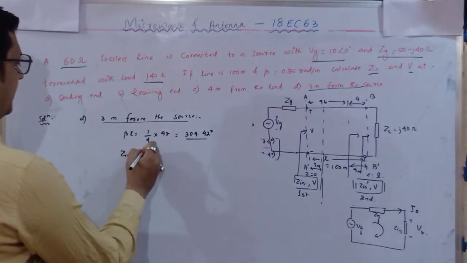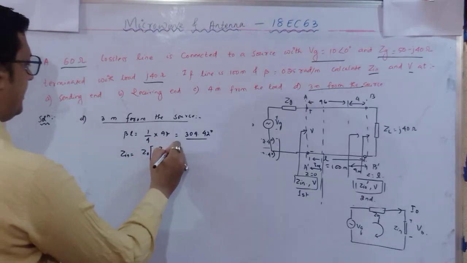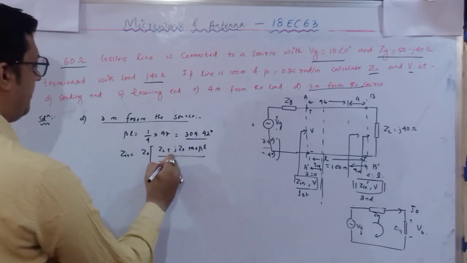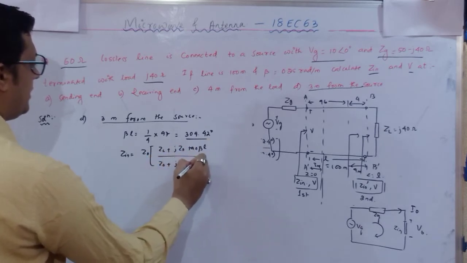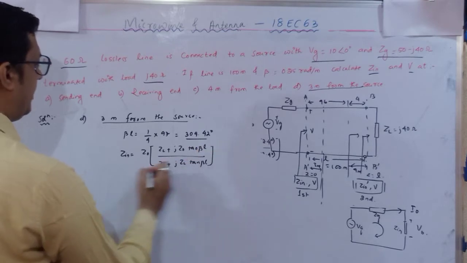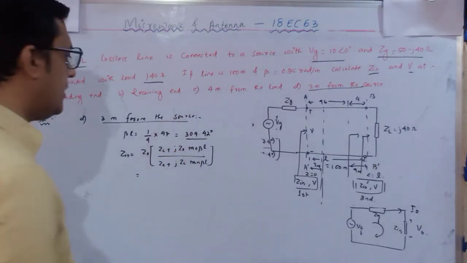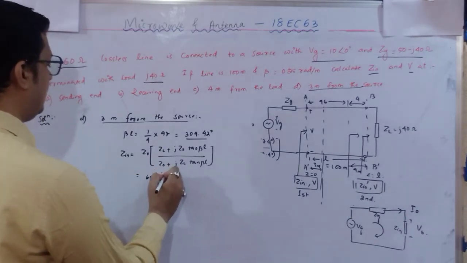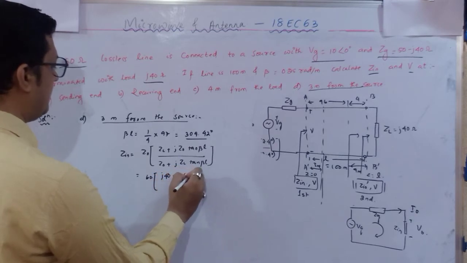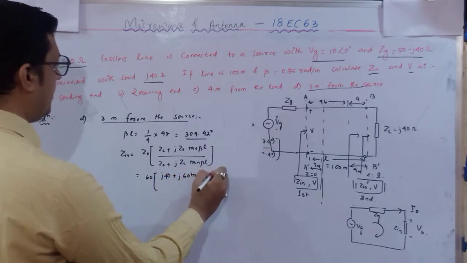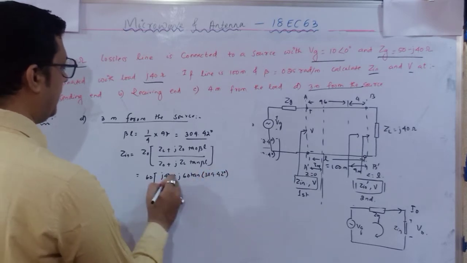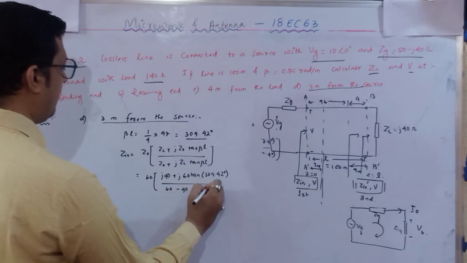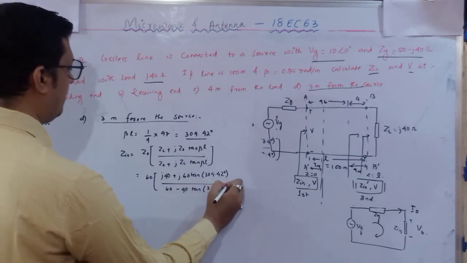Now what is the input impedance? Same relation, Zin = Z0 (ZL + jZ0 tan βL) divided by (Z0 + jZL tan βL). If you substitute all these values, Z0 is our 60, and ZL is j40, tan 309.42 degree, divided by 60 minus 40 tan 309.42 degree.